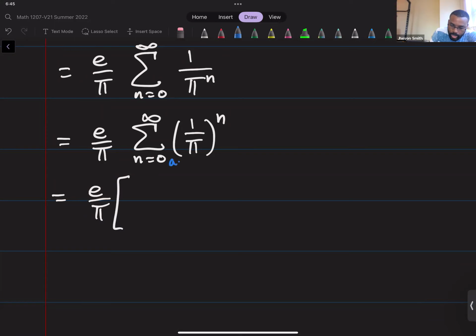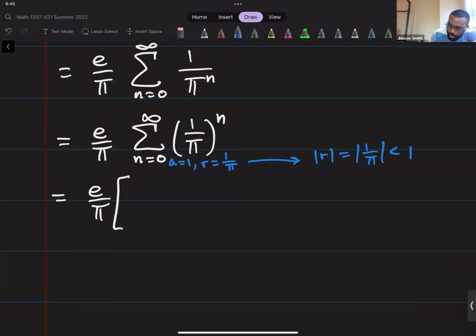So here your A is 1, your R is 1 over pi. And by the way, 1 over pi is less than 1 in absolute value, because pi is 3.14, right?